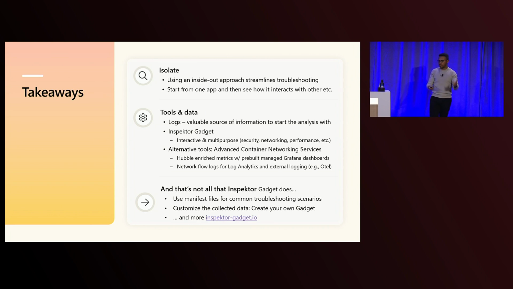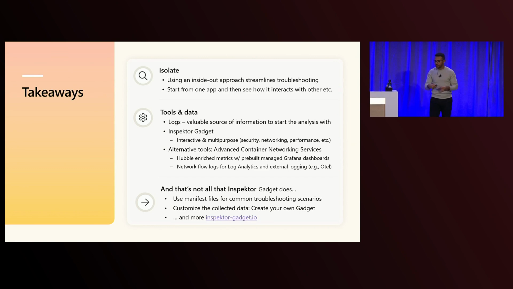It will provide you this real-time troubleshooting and generating metrics. And we demonstrated today just the networking part, but Inspector Gadget can also be used for security and for performance, for instance, to see which pods or containers are consuming the most resources.